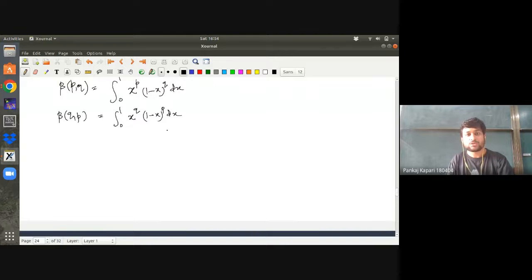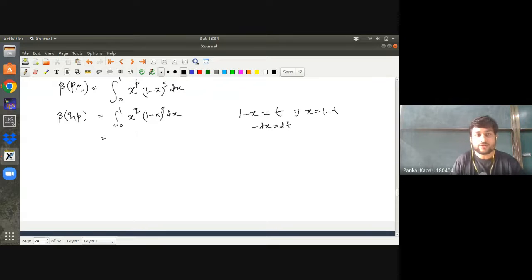To see that they are equal, we will change the variable. Put 1 minus x equal to t, then you will get minus dx is dt. So this implies x is equal to 1 minus t.